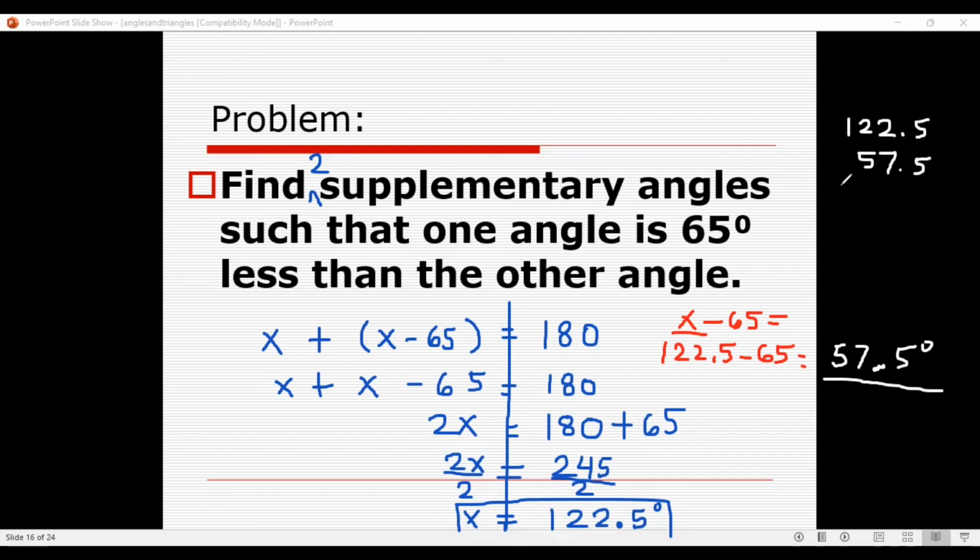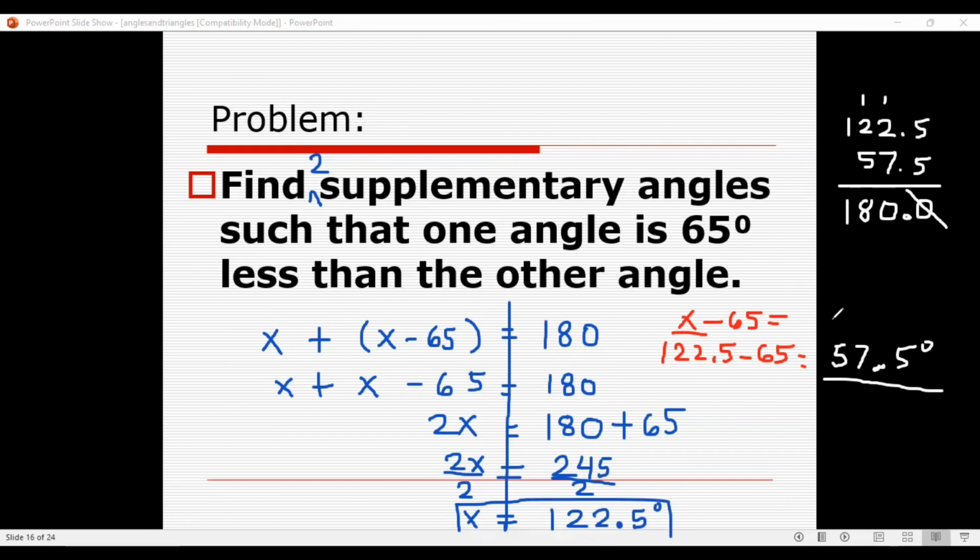If you add them, that gives you 10, you regroup, and we get 180. You can drop the 0.0 there, that is already meaningless. So that condition is satisfied: they are supplementary, so the sum is 180.